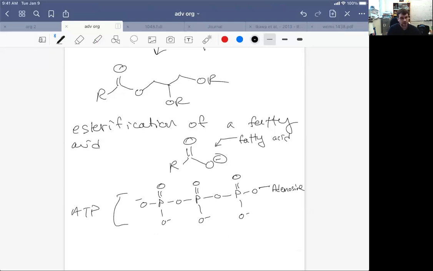Okay, now ATP is interesting because what we have to remember is that the diphosphate is a good leaving group. So we can make an oxygen to phosphorus bond with diphosphate, 2 phosphates as the leaving group. Now, where do you want to connect your oxygen atom? Do you want to connect it closer to the adenosine or further away?